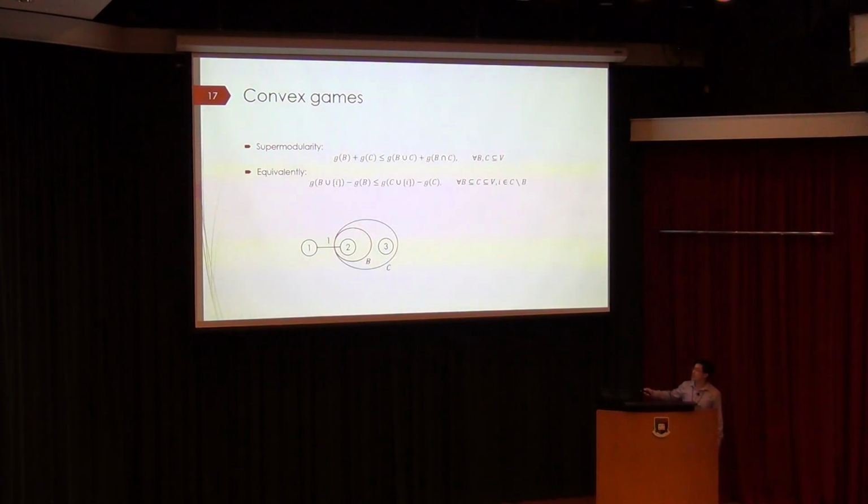So we have basically a set B, which is a subset of set C, and there's a node I that is outside the set C. Okay? Then we ask on the left-hand side, what is the marginal additional gain in the product when you add user I to B? So this is what happens if B produces, and then this is what happens when B together with I produce. So this is the marginal additional gain. So this is 1 for this graph.